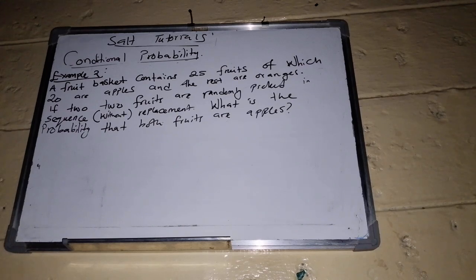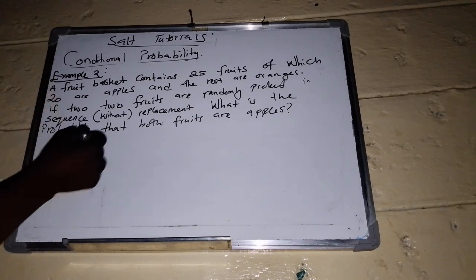So if two fruits are randomly picked in a sequence without replacement, what is the probability that both fruits are apples? With the understanding of this question and of conditional probability, as well as dependent events, you can still try by pausing the video and solving it. Then you can later on play and compare your solution with ours.